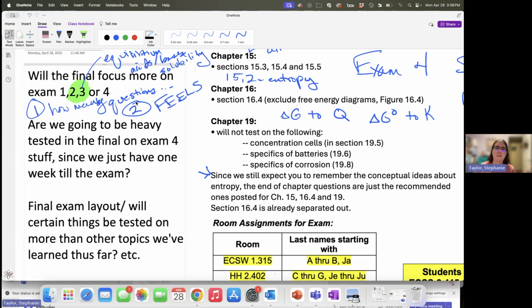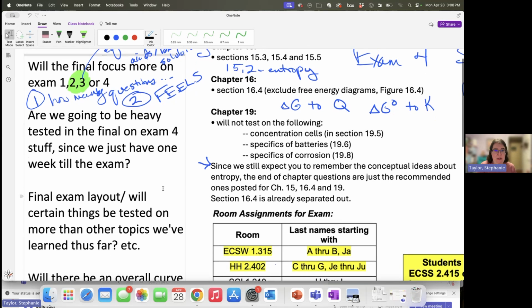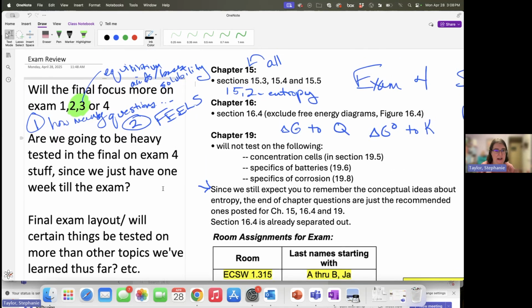So it's probably going to feel like 2 and 3 are there the most, but that's also because equilibria, acids and bases, and then tacking on a little bit of solubility covers both of those exams. So I don't have a really great answer for that, because I don't have that. That's always been a difficult question for me to answer. I respect it, which is why I wanted to try to answer it, even though I did a pretty bad job of answering that question. But I did want to respect the feels.